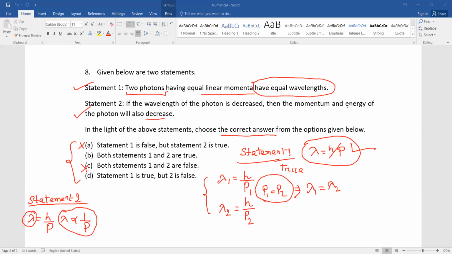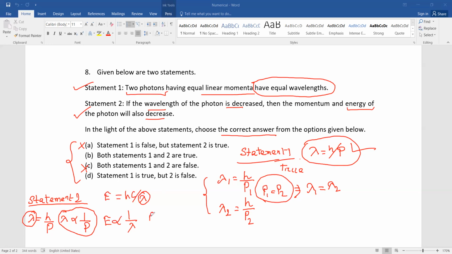We have also been asked about energy, so let us check the energy perspective. What is the relation between energy and wavelength? The energy of a photon is given by E equal to hc over lambda. Energy is inversely proportional to wavelength. If the wavelength is decreased, energy will actually increase.